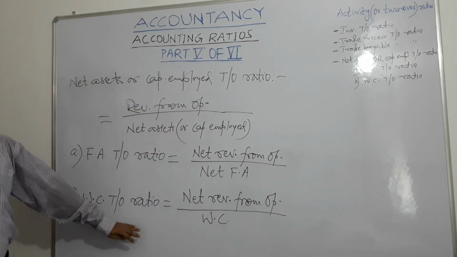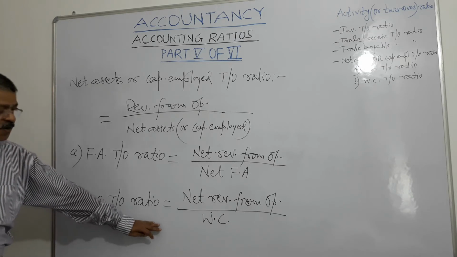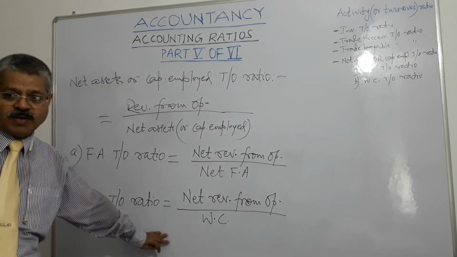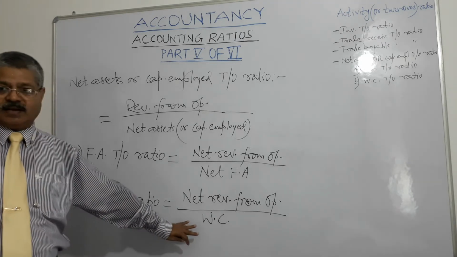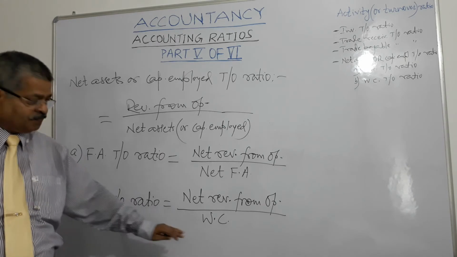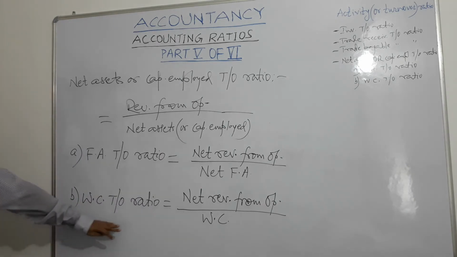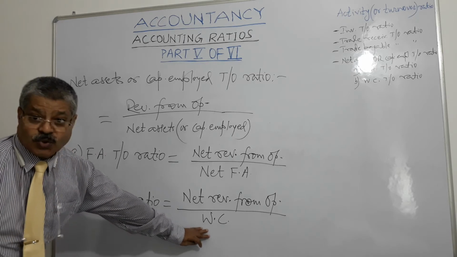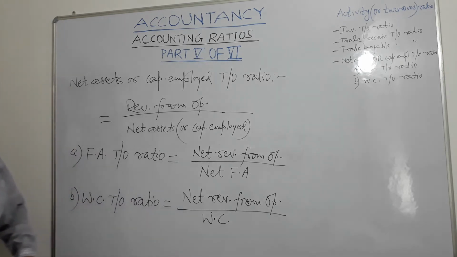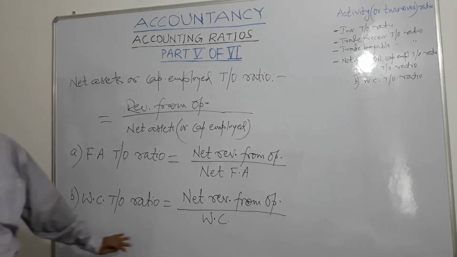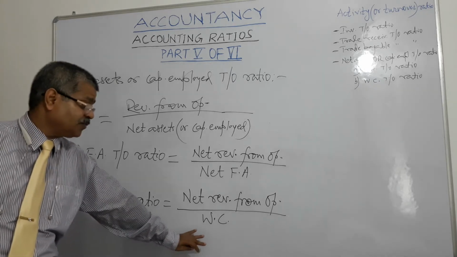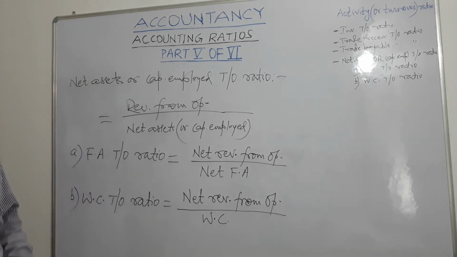So this ratio also, a higher turnover is a good sign for the business enterprise, and it shows efficient utilization of resources, and it also indicates higher liquidity and profitability, right?